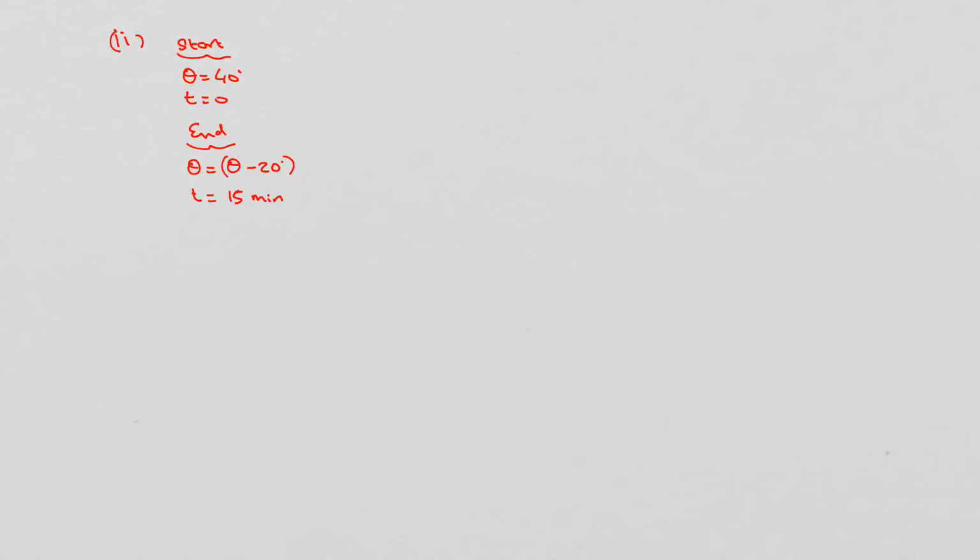Okay, so again, if we look at our equation, well, it's 1 over theta d theta. This time our upper limit is theta minus 20 and our lower limit is 40. And that equals minus k dt, with our upper limit 15 and our lower limit 0. You can, of course, sub in for k now, or you can sub in for k in a minute.